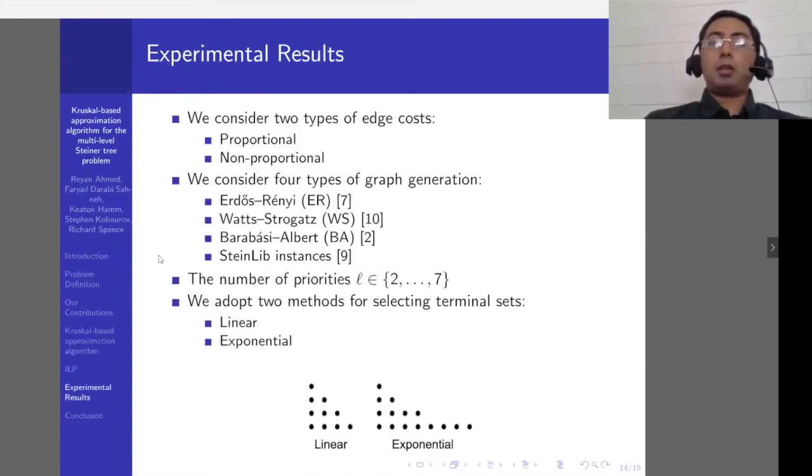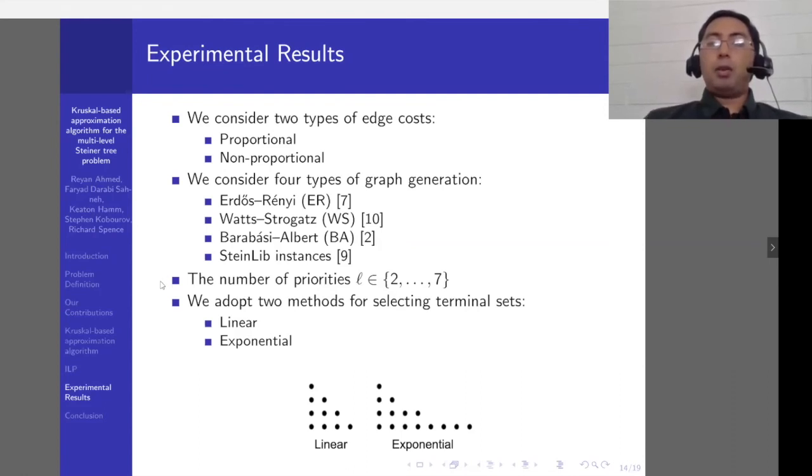We now discuss the experimental results. We first discuss the experimental setup. We consider two types of edge costs, proportional and non-proportional. We consider 4 types of graph generation models: the Erdos-Renyi model, the Watts-Strogatz model, the Barabasi-Albert model, and finally the Steiner-Lieb instances.